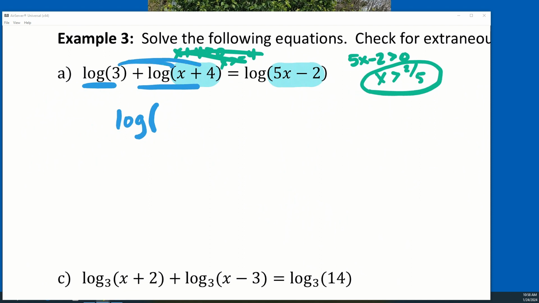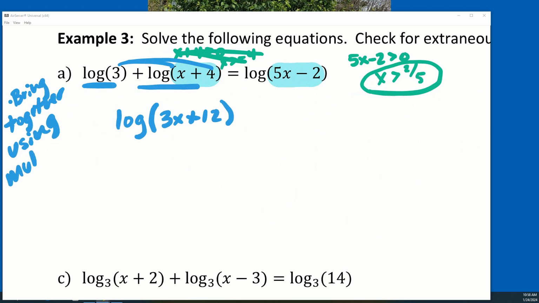So we're going to multiply 3 by x and multiply 3 by 4. And then on the other side, there's just one logarithm, so I'm just going to bring it down like it looks.